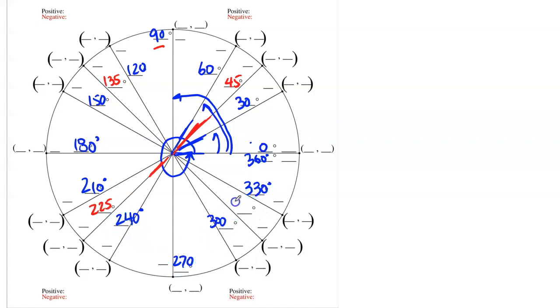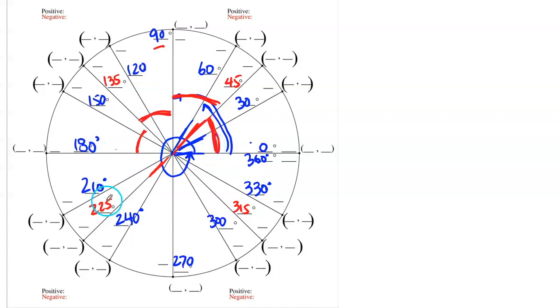Plus 45 gives me 315. Plus 45, I complete the whole circle. So I have 4 45s in this whole angle.